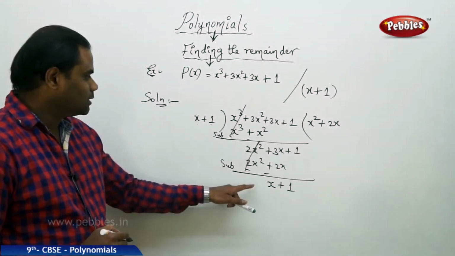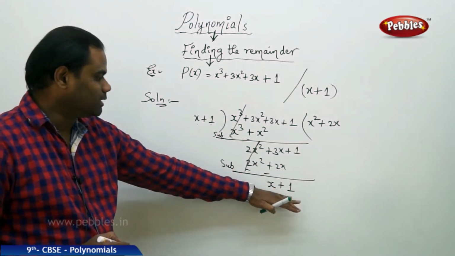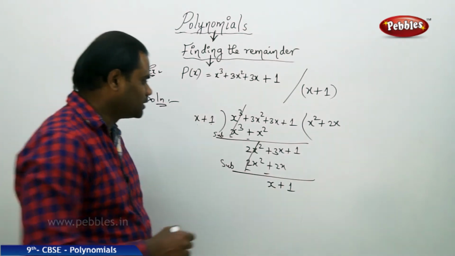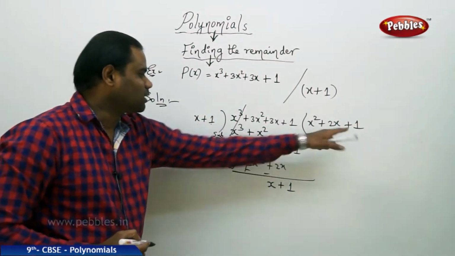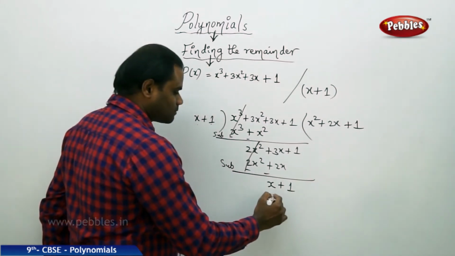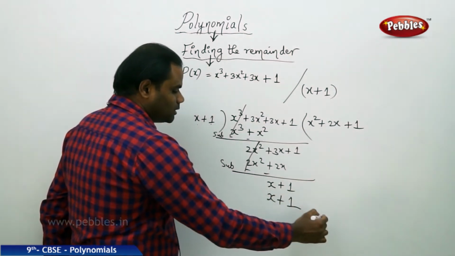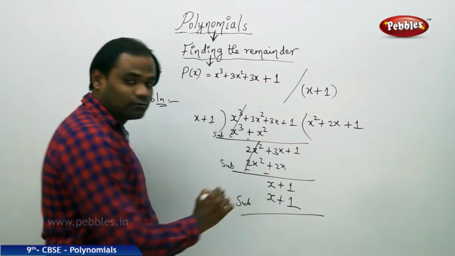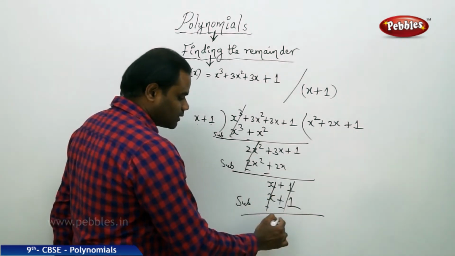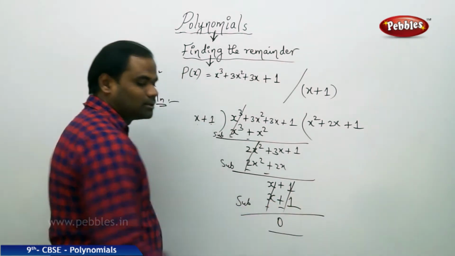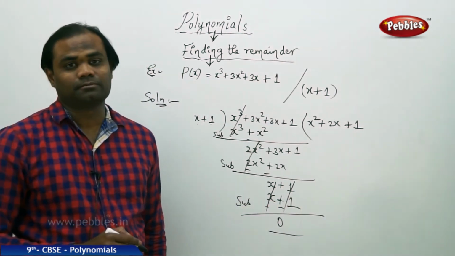So finally, this is the term where I end up because I don't have any other term, so I take plus 1, so that 1 times x is x and 1 times 1 is 1, which on further subtraction gives me the change of signs and then cancels to give me the final answer as 0.